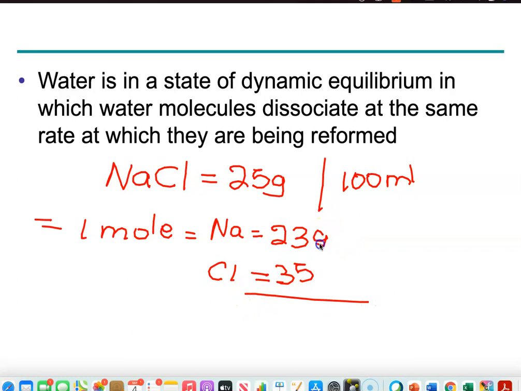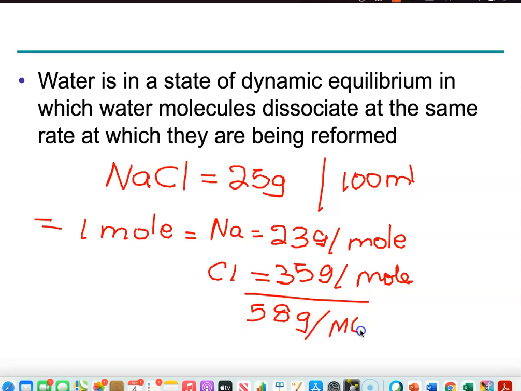This is grams per mole. So that's 58 grams per mole. That means 1 mole of NaCl is 58 grams. I have 25 grams, so 25 divided by 58 will tell me how many moles I have.